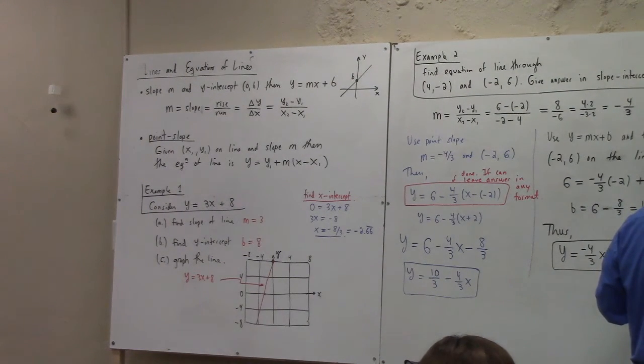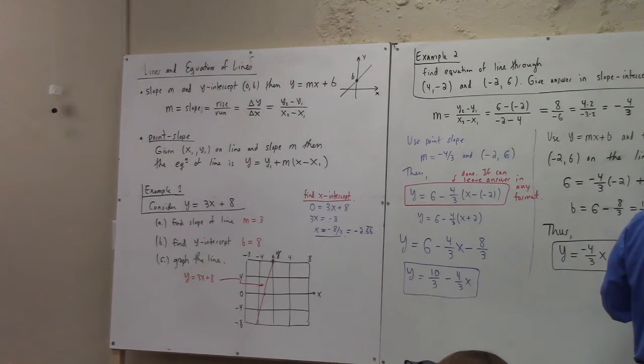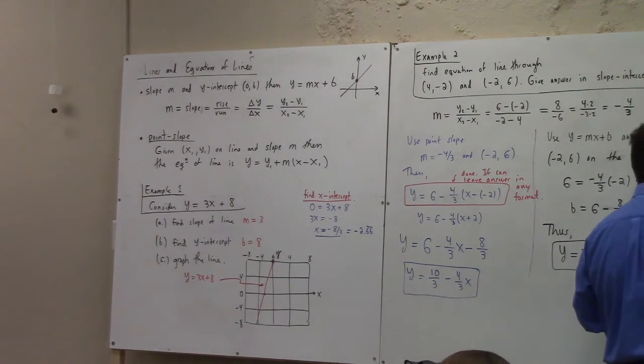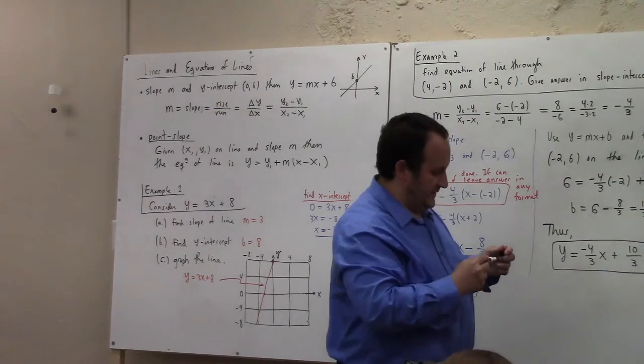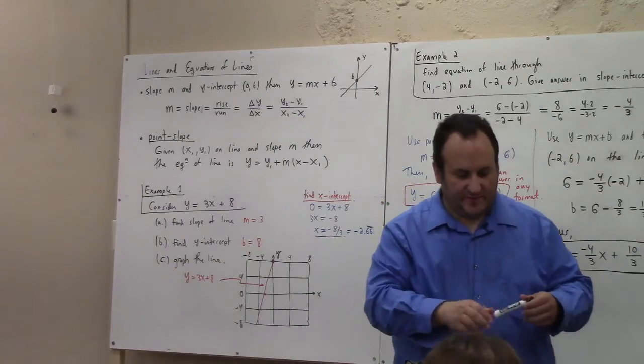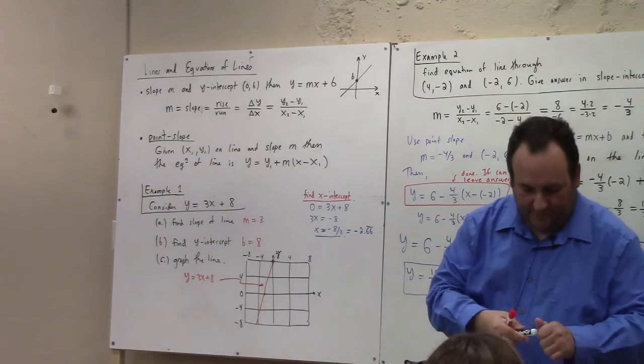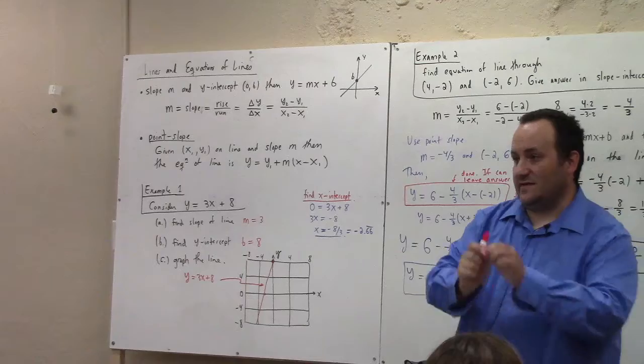I guess that would make this 2. So let's see here. Let me show you another way that sometimes is useful for graphing a line. If we have 2 points, we can just connect the dots, right?